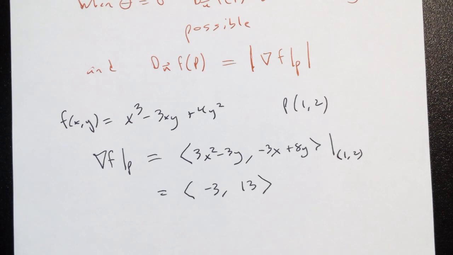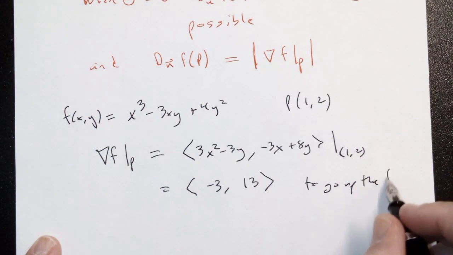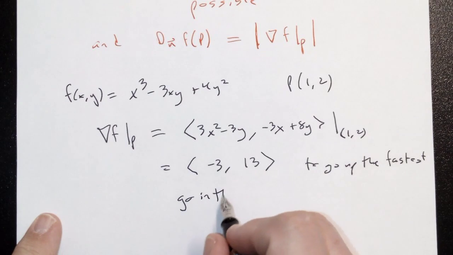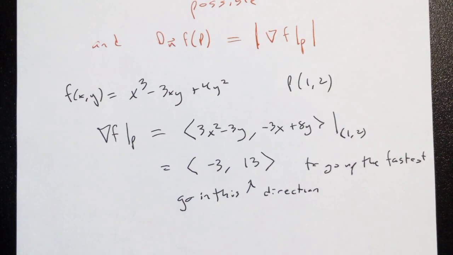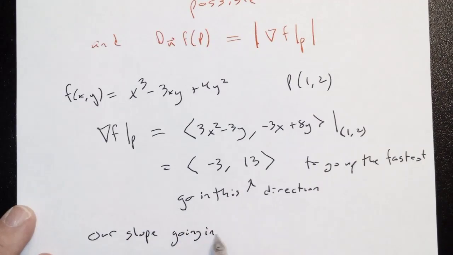That'll go up the fastest. And our slope going in that direction is the length of that vector.